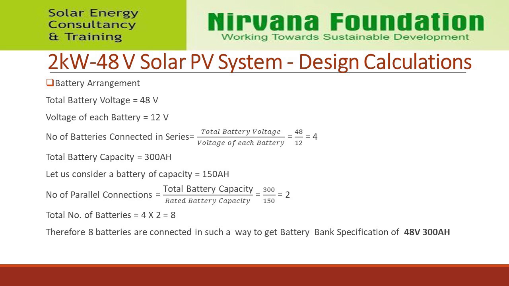Number of batteries to be connected in series are 4. Number of batteries to be connected in parallel are 2. So total number of batteries required are 8. These must be connected in such a way that we get battery output as 48 volts and 300 Ah.